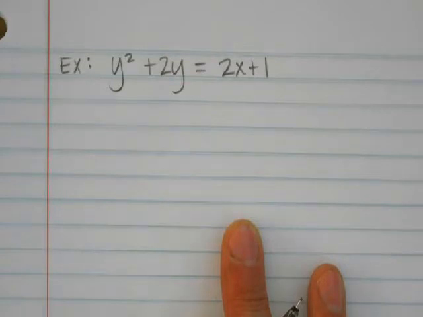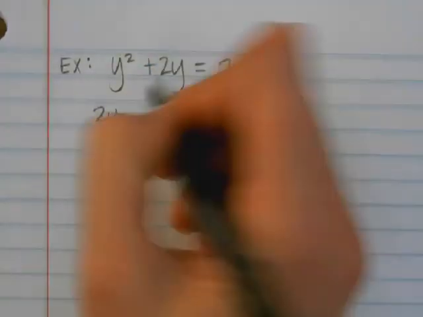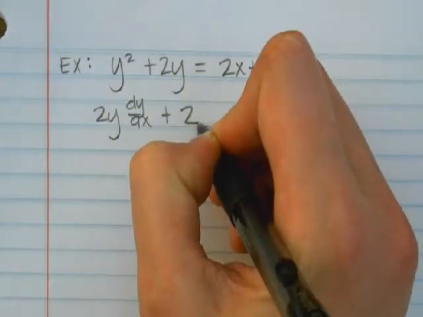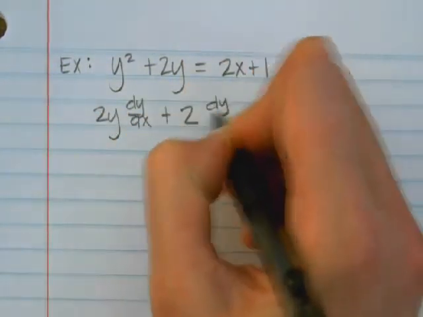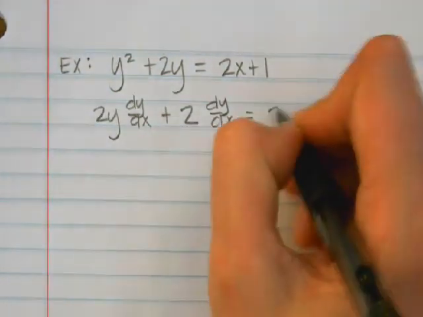So what do we do first? So I heard 2y dy dx plus 2 dy dx equals 2.